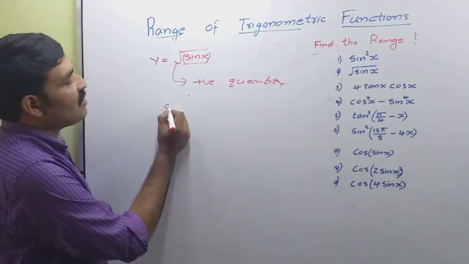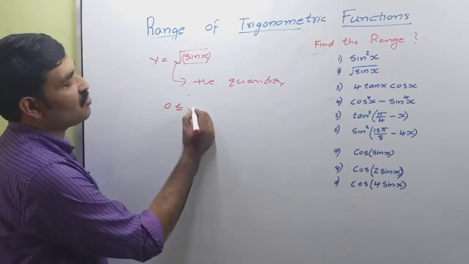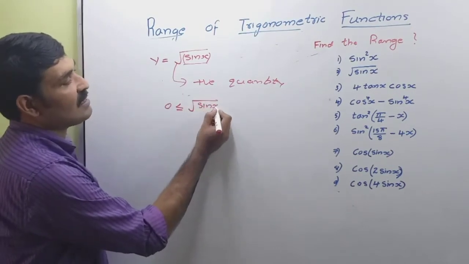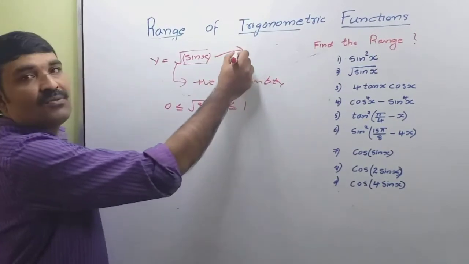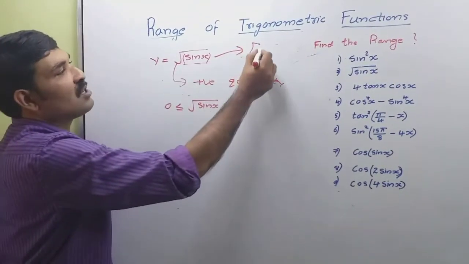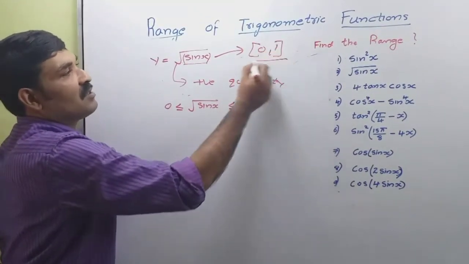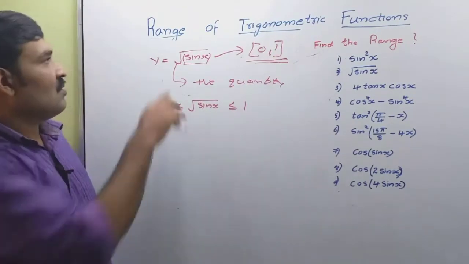So 0 is less than or equal to square root of sin x, which is less than or equal to 1. So root of sin x belongs to the closed interval 0 and 1. So this is the range of this function.